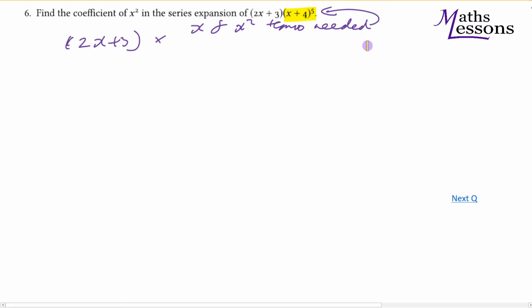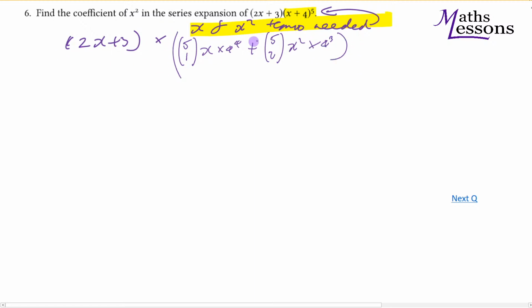So from x plus 4 to the 5, we only need the x and the x squared terms. The x term is given by 5 choose 1 of x times 4 to the power of 4. And then the x squared term is given by 5 choose 2 of x squared times 4 cubed.